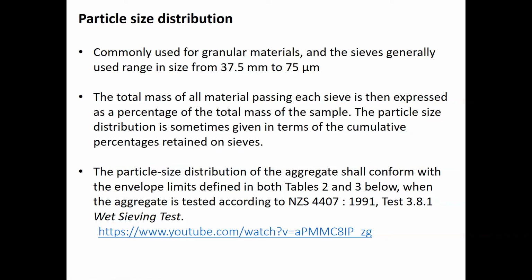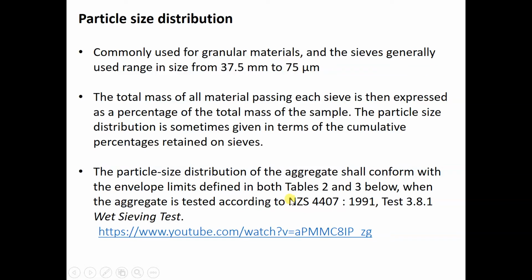Whatever amount you retain on a certain sieve, let's say 100 grams, that is about 10%: 100 divided by 1000 grams is 10%. And so on. The particle size distribution of the aggregate shall conform with the envelope limits defined in tables 2 and 3 below when the aggregate is tested.